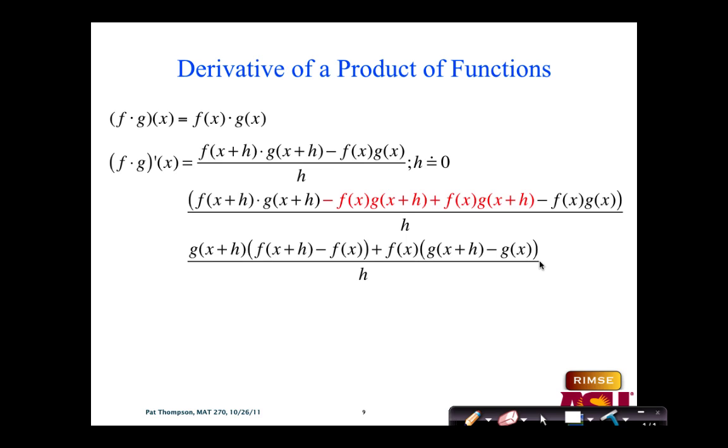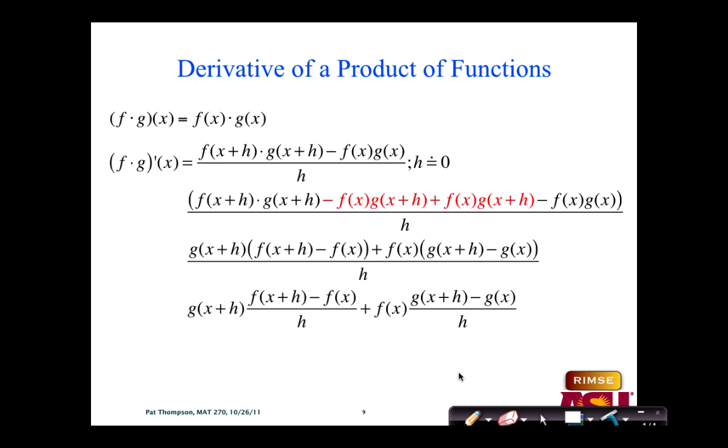So maybe think about splitting this into two fractions, both of them over h. In the first one, in addition to this f of x plus h minus f of x, all over h, I've got just an extra factor of g of x plus h. And from the second half, I've got, like I said, g of x's rate of change expression, just times an extra factor of f of x.